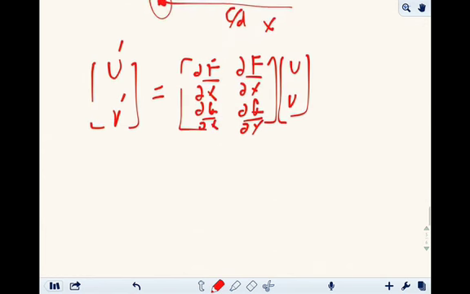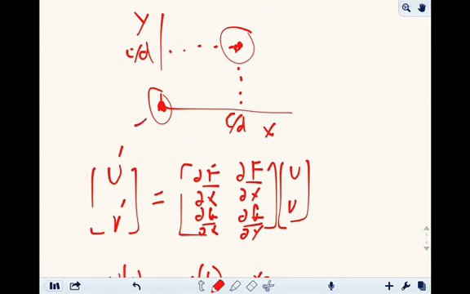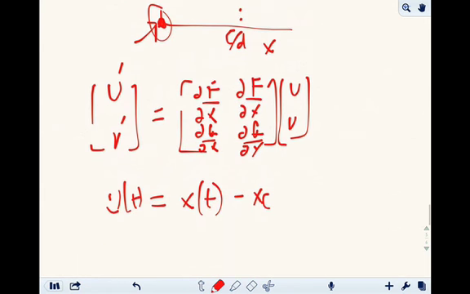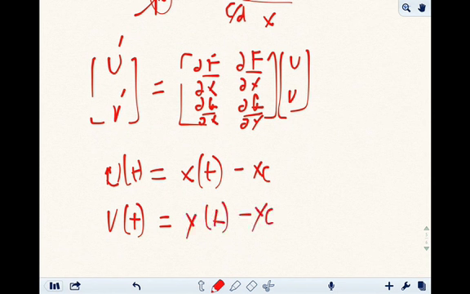Here, u of t is the difference between our variable x and this critical point, x minus x critical. The critical value of x is either 0 for this critical point here, or c over d for this critical point here. So this is a perturbation from that critical point in the x direction. The perturbation in the y direction is y of t minus the y critical value, which depends on which critical point we're looking at.